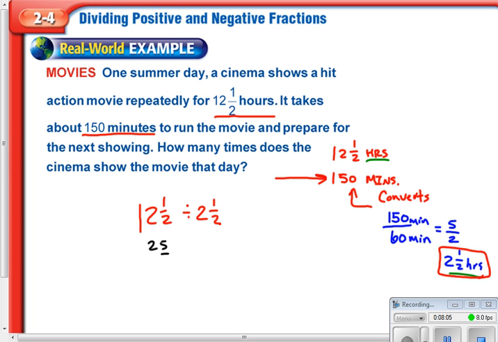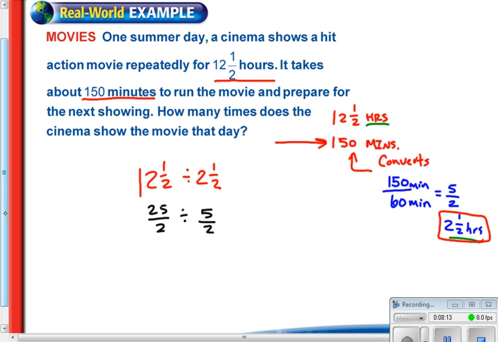This would be 25 halves divided by, well, we know this is 5 halves. Next step is, instead of dividing, we want to multiply. So we don't want to divide by 5 halves. Instead, we multiply by the multiplicative inverse, which is 2/5. Now we can look to reduce within our problem here.